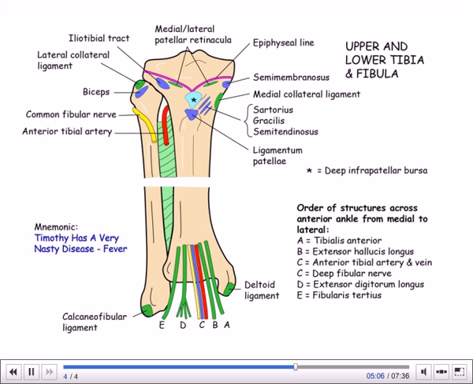So now let's turn our attention to the upper end of the tibia and fibula, and the key aspects that I wish to emphasize are that the common fibular nerve passes around from posteriorly to anteriorly around the neck of the fibula. It is, of course, here that it can be damaged rather easily.